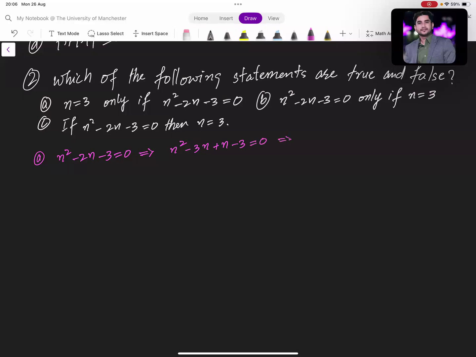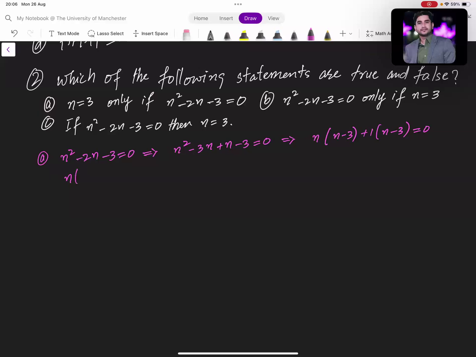And if I open it further, it will be n into n minus 3 plus 1 into n minus 3 is 0. And I can write this further as n minus 3 into n plus 1 is 0.